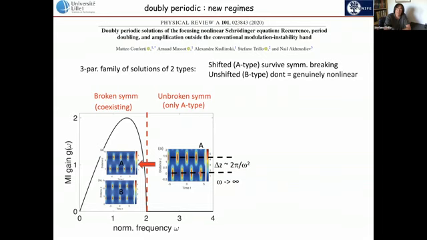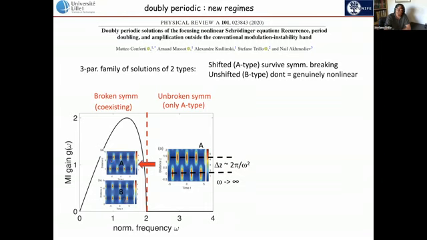So this phase shifted solution covers the whole frequency range from infinity, back into the modulation instability region, up to 0. The other way to say this is that they survive the symmetry breaking, which is the modulation instability.